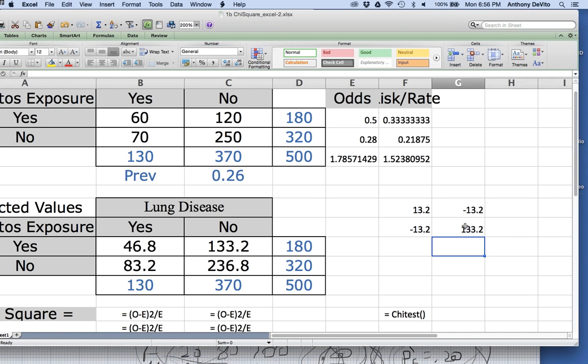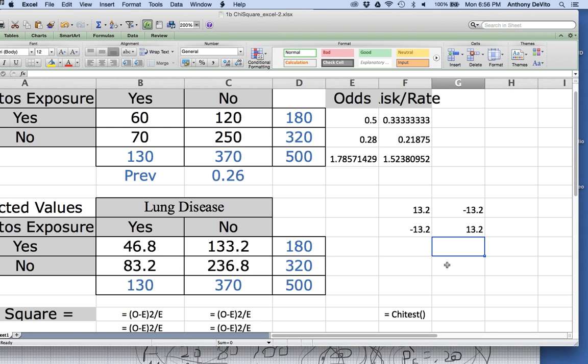Whoops, something went wrong there. I should have got 250. What am I doing? I went into the wrong cell there. That's C4. That's better.